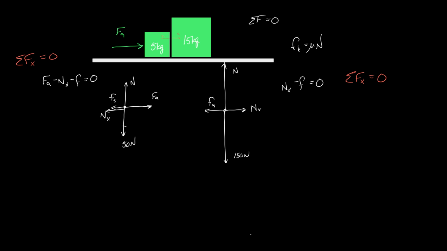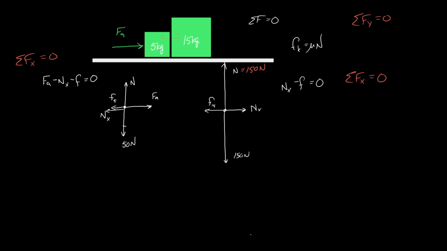Now, separately, we can figure out the size of these two frictional forces. Those two frictional forces depend on these normal forces. On this side, the normal force equaled 150 newtons because it's balancing the weight of the box. That's from saying net force in the y direction equals 0.